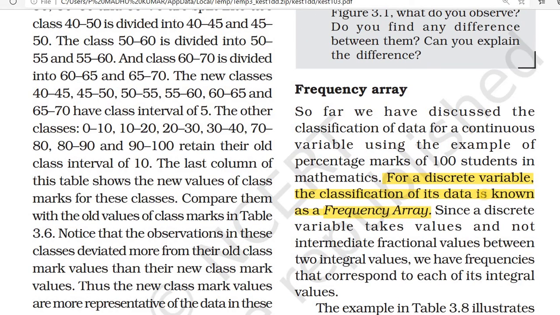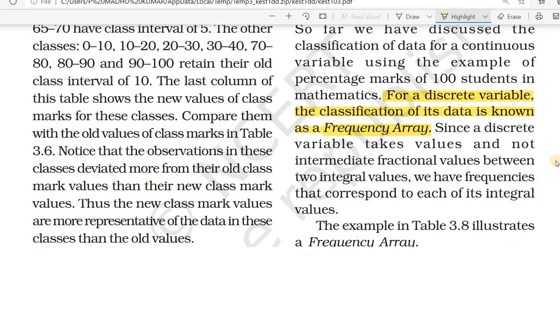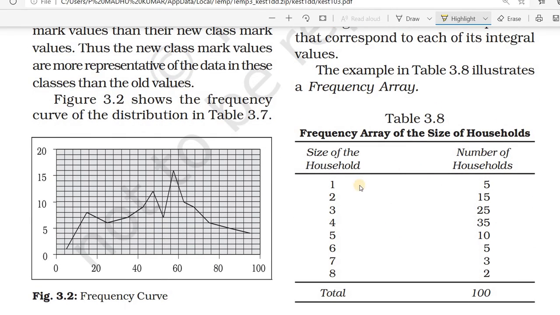Then what is a frequency array? Next one is frequency array. For a discrete variable, the classification of its data is known as a frequency array. Here we can see this frequency array of the size of households.